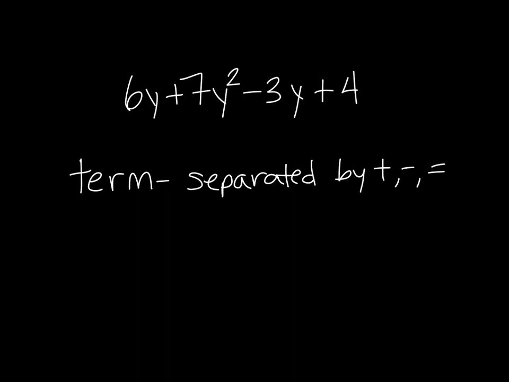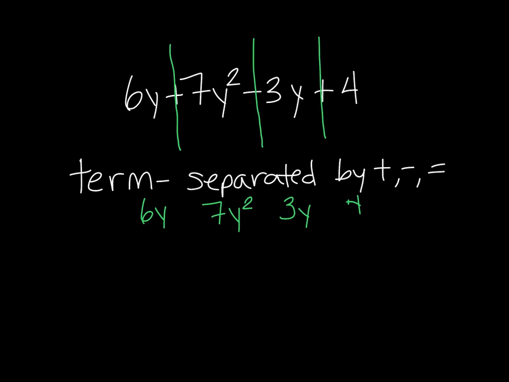If I look up here, I have a plus right here, a minus right here, and a plus right here. And so everything in between my lines are terms. So 6y is a term, 7y squared is a term, 3y is a term, 4 is a term. So all these things are terms.